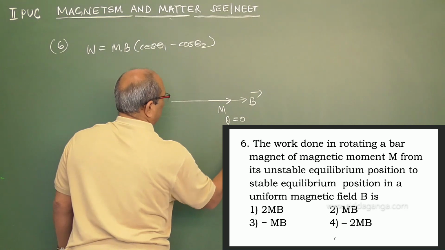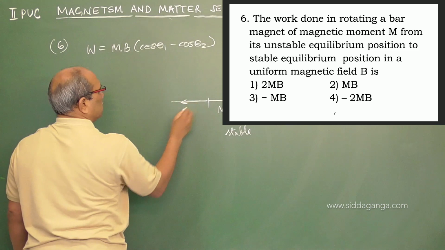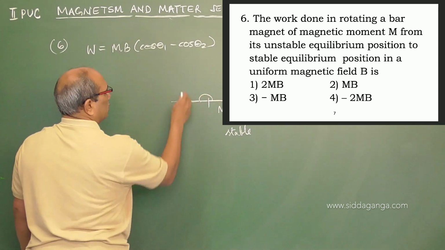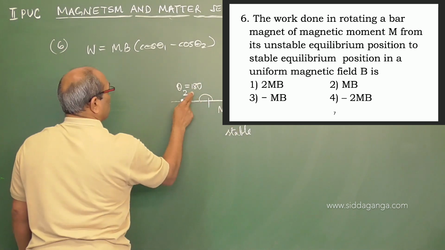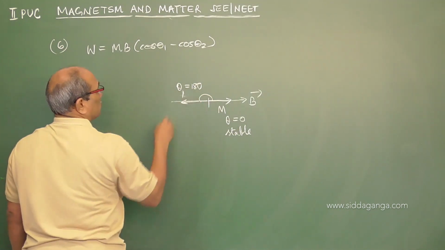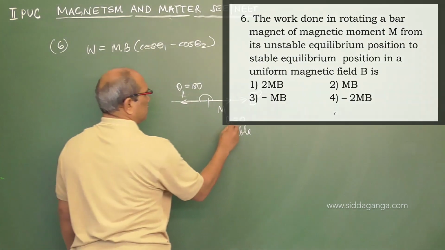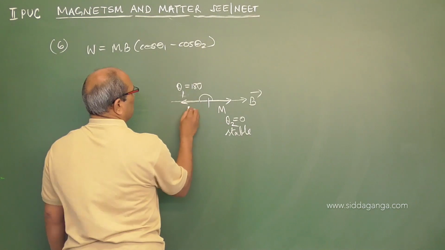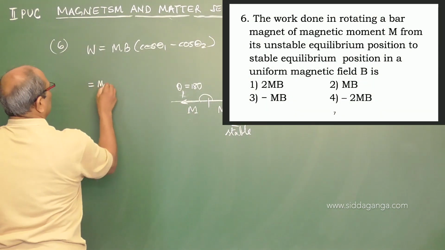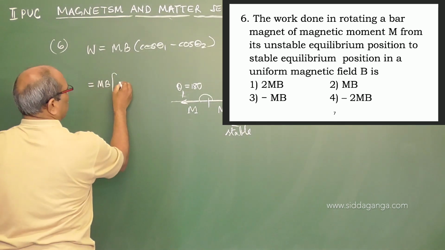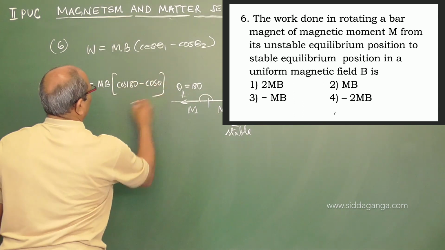But if you place it in the opposite direction, the angle becomes theta equal to 180 degrees. Theta 1 is the most unstable equilibrium position and theta 2 is the stable equilibrium, where the moment is in the opposite direction. Substitute in this: MB into cos 180 minus cos 0.